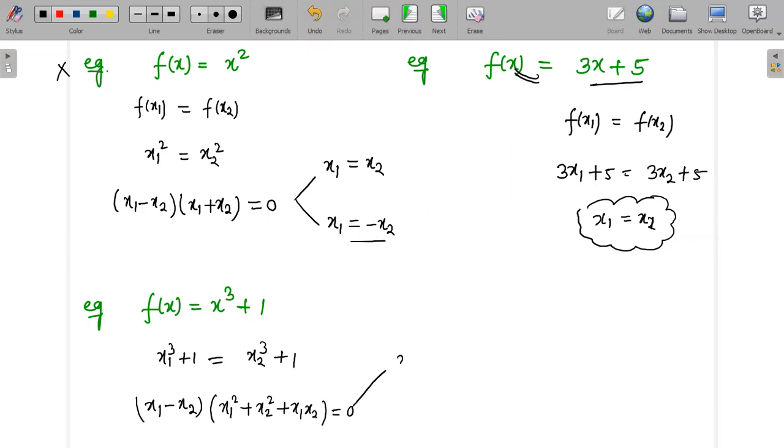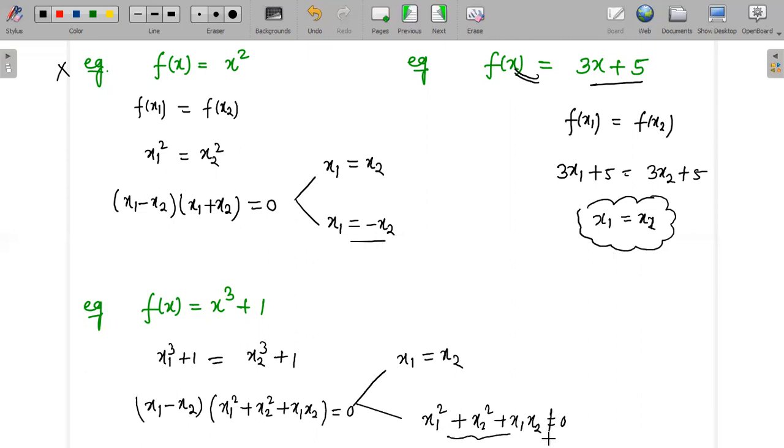One is the equalizing relation in x1 and x2, whereas the second one is a quadratic expression in x1 and x2. It is x1 square plus x2 square plus x1 x2 equals 0. This quadratic expression is not factorizable, and if I try to treat this equation as a quadratic in x1 over x2, the discriminant of this quadratic expression is negative.